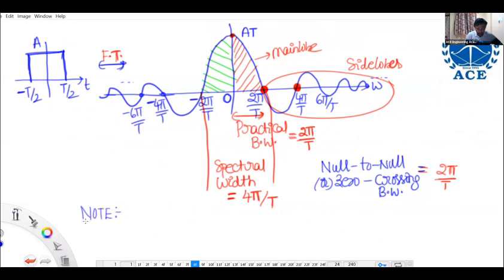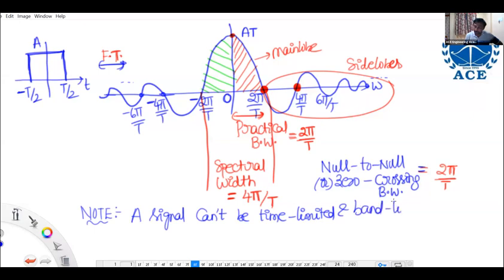A signal cannot be time limited and band limited simultaneously.